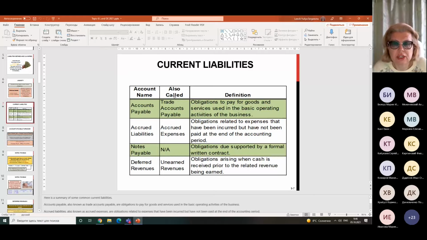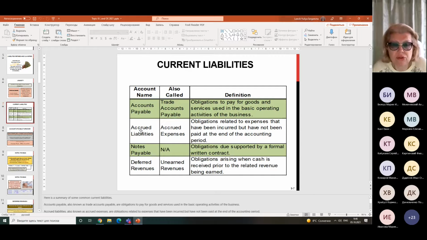We can classify current liabilities not only for the purpose of the balance sheet, current or non-current, but also we can use the following titles. For example, accounts payable, we can also call trade accounts payable. And this is the obligation to pay for goods and services used in the basic operating activities of the business.